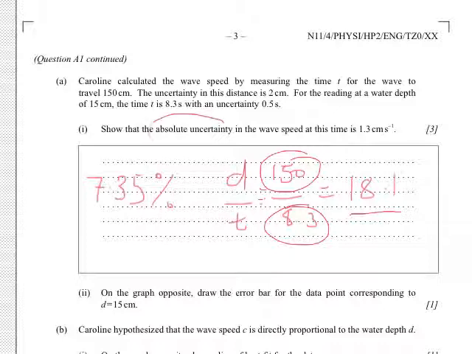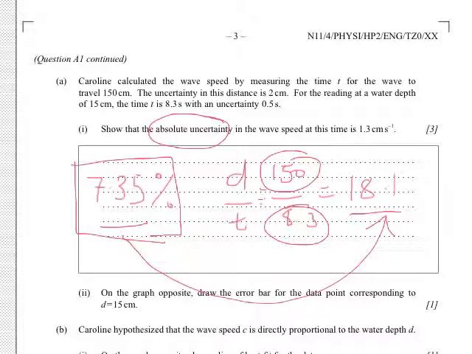Finally, to work out the absolute uncertainty, not the percentage, we find 7.35% of 18.1, which gives us approximately 1.33, which you round to 1 decimal place, 1.3.